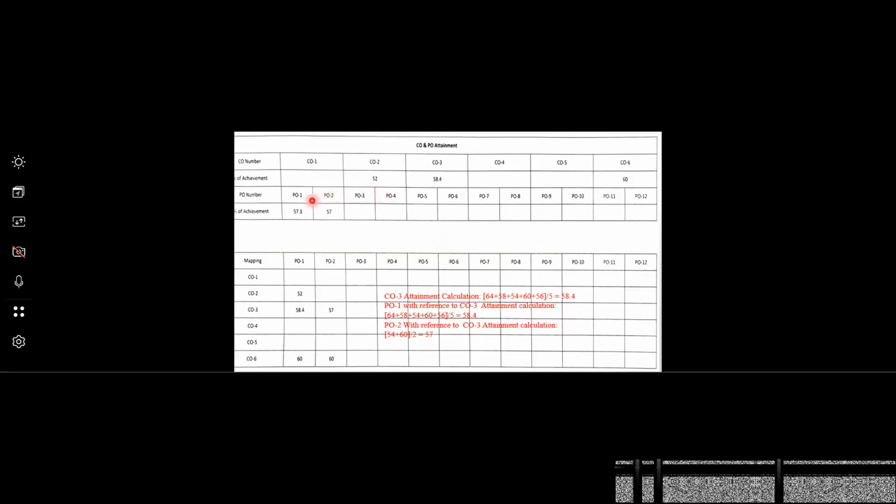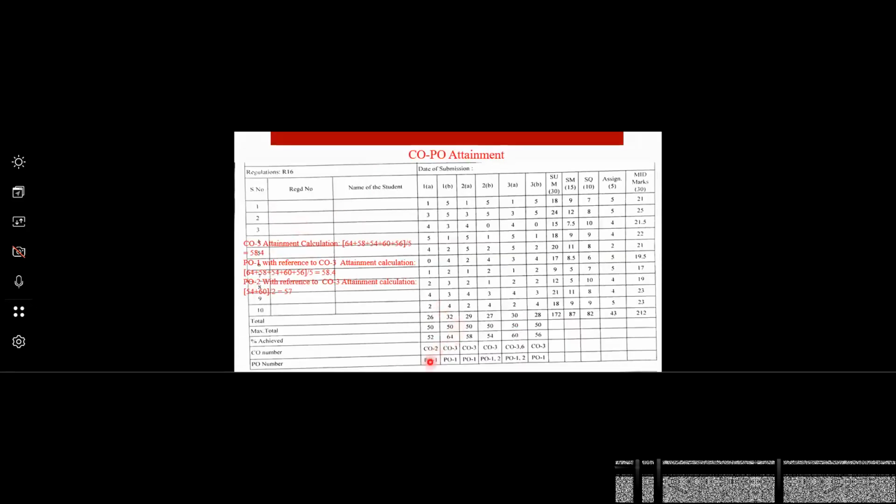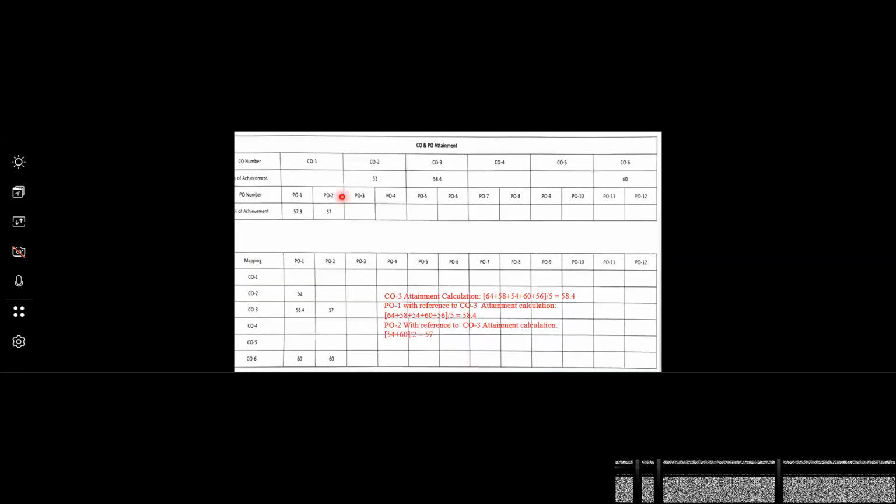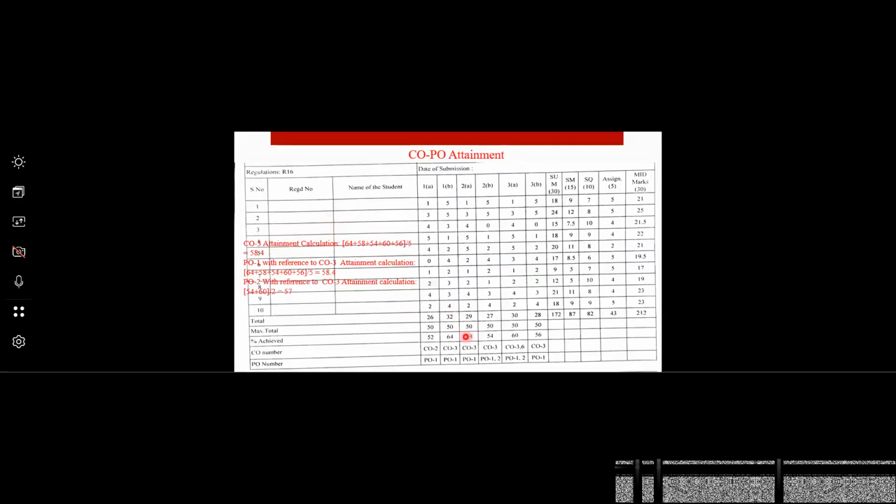Okay, see in this you can see PO1 is 57%, 57.3. PO1 is 57. So next slide. And PO2 is 57%. Next, let us see how this is calculated. Go back. Okay.